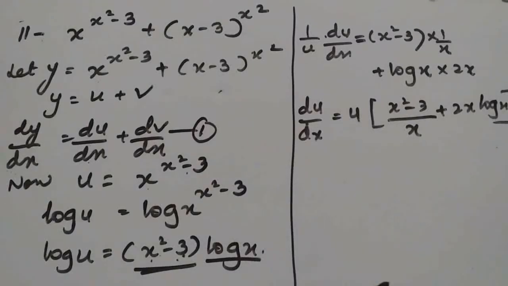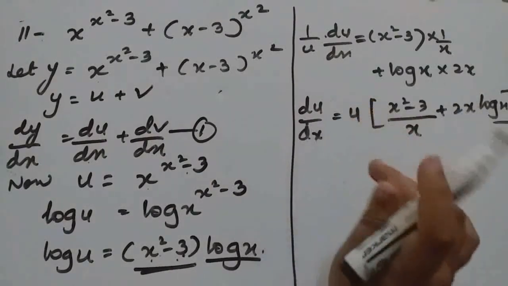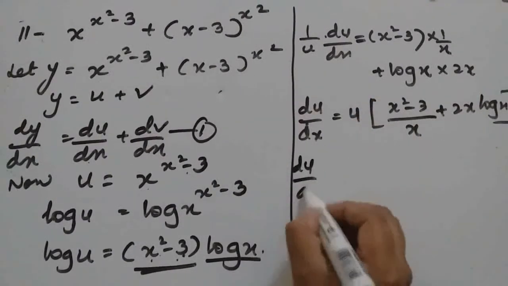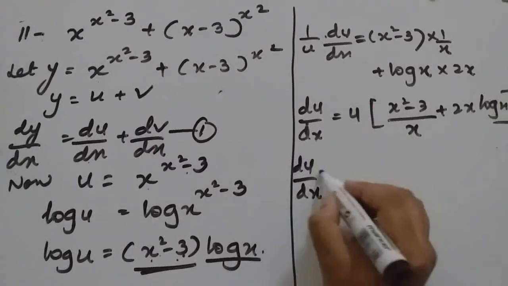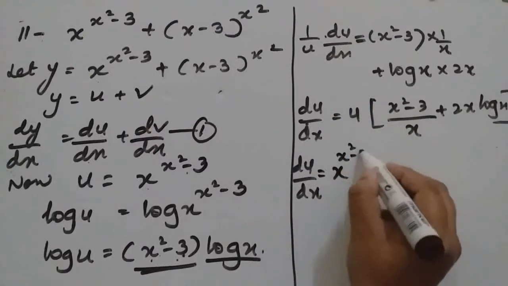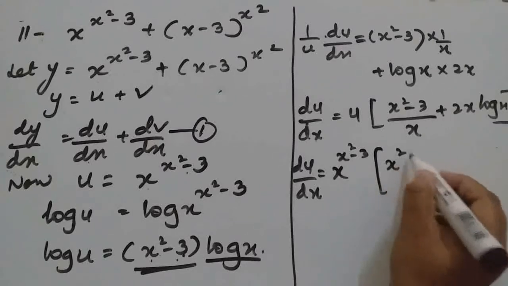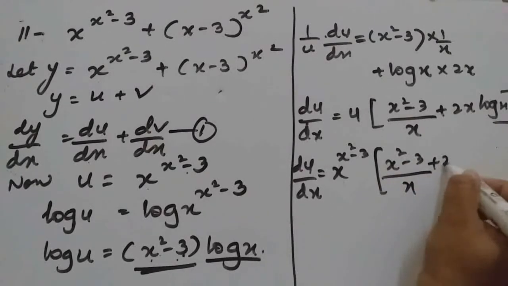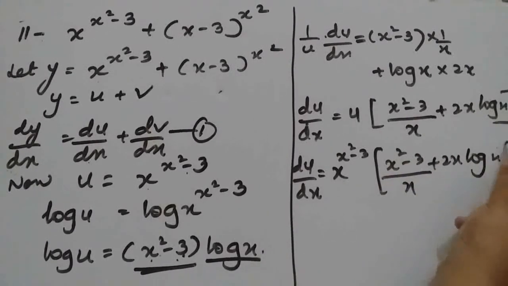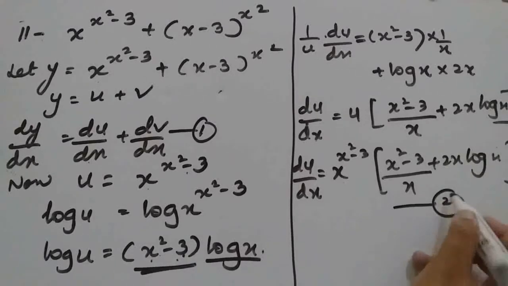This is du by dx. U value also we should substitute, u is x power x square minus 3, then this bracket. This is equation 2 suppose.